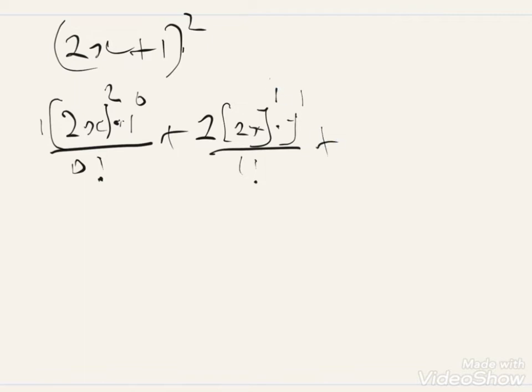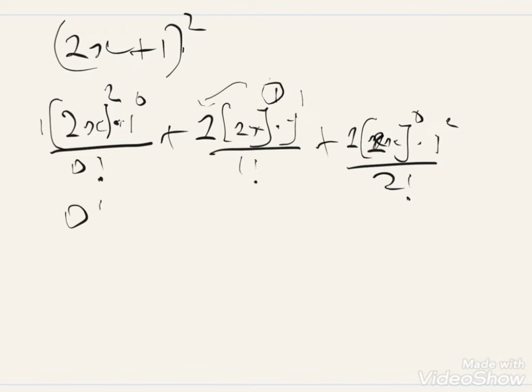Again, use the power of this term, 2x, so multiply 2, 1 times 2 is still 2, multiplied by 2x raised to power 1 minus 1 is 0, multiplied by 1 raised to power 2, all over 2 factorial.